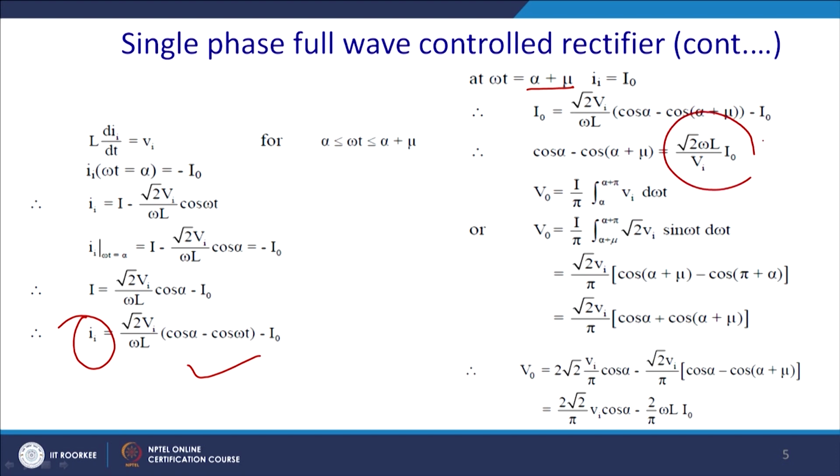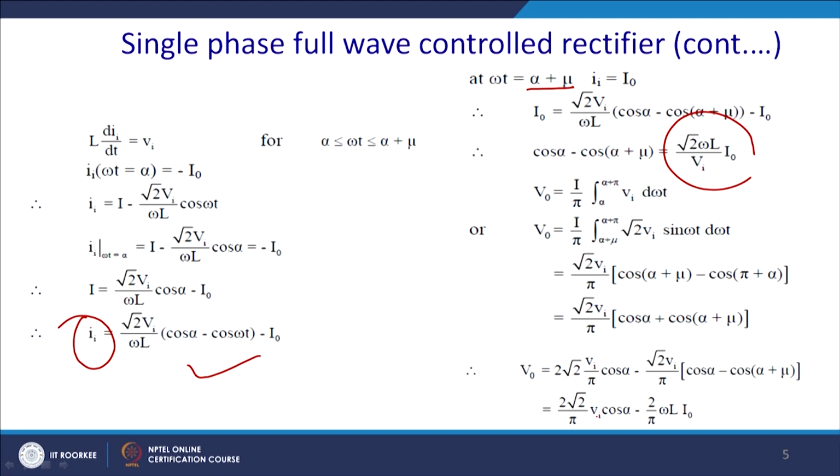And thus we can substitute from there and get the equations, cos alpha minus cos alpha plus mu, basically this term. From there we can find that the output voltage, which is supposed to be root 2 Vi or Vm by pi cos alpha, will change to cos alpha plus mu, and thus we can rewrite these equations.